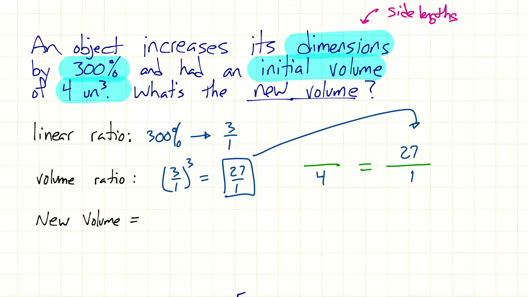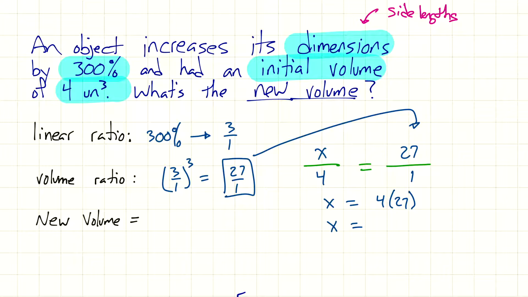All right, so our new volume, I'll put X just to represent the missing volume, and then we can solve this. So cross multiply, you'll end up with X equals 4 times 27, and then once we multiply those, 4 times 27, what does that give us?